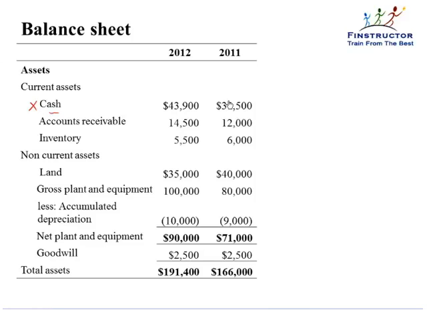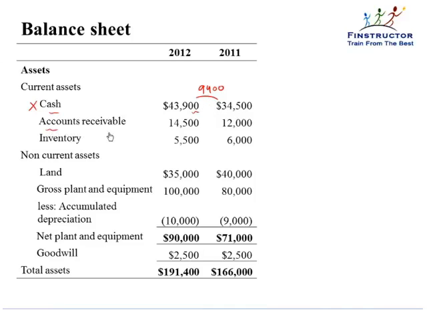This has to be the resultant figure. So whatever we do, the cash flow from operations plus investments plus financing should come out to be a number equal to 9,400. That is the difference between the cash in 2011 and 2012. So if the answer is any different, or the ending cash balance does not come out to be this from our cash flow statement, that means we've made a mistake.